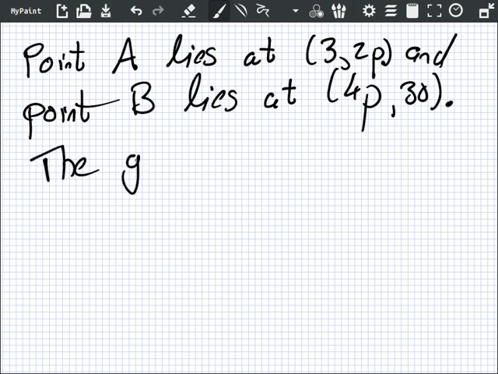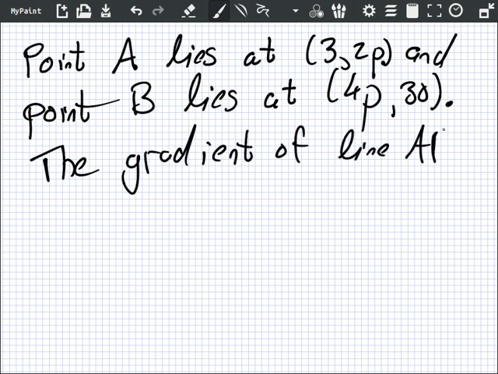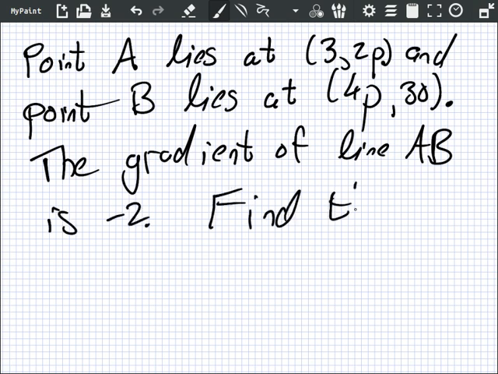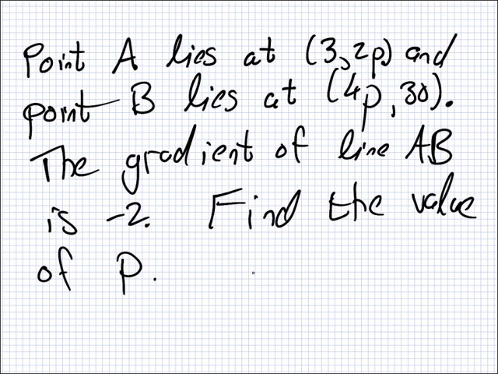The gradient, meaning slope, of line AB is -2. Find the value of p. Okay, give that a try.